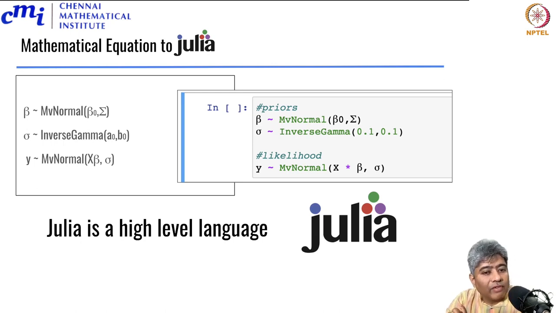Julia is a very high level language, so that makes Julia very attractive. The expressivity, the way you express, the way I write my mathematical equation on the board, on my notebook, I can write my program almost the same, and that program runs and gives me the correct answer.